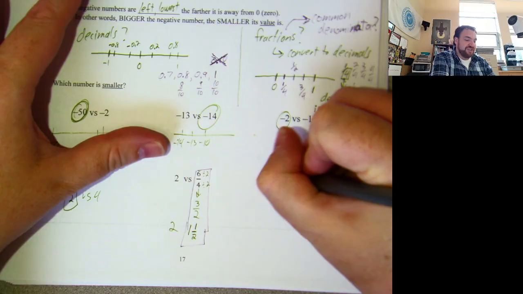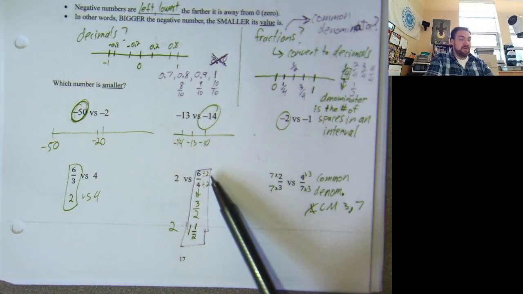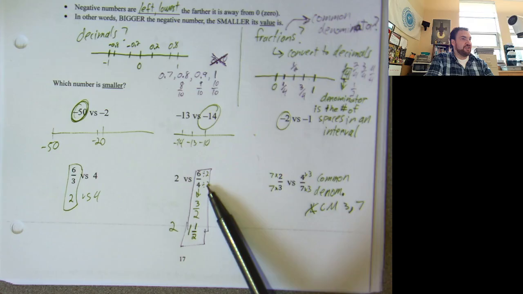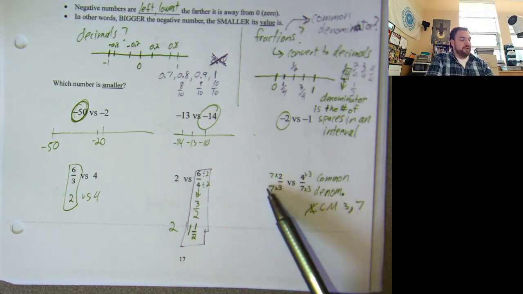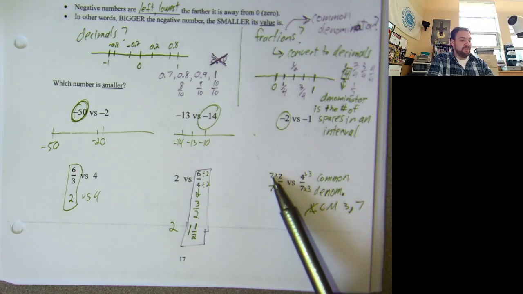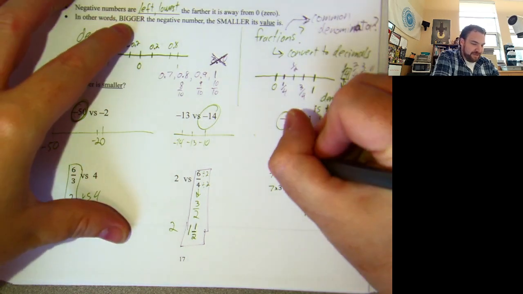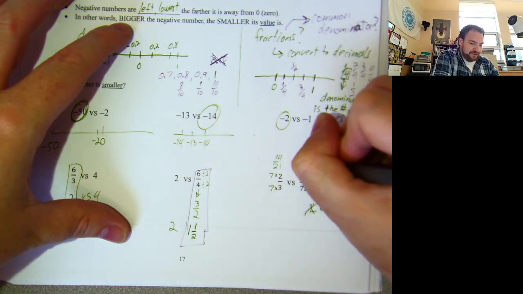Just like when you were simplifying and divided top and bottom by the same thing, like 6/4 down to 3/2. We divided top and bottom by 2. Finding a common multiple, we multiply the top and bottom by the same value. So here I multiplied bottom by 7, so top by 7. Here I multiplied bottom by 3, so top has to be multiplied by 3 as well. So then this one is going to become 14/21 and 12/21.